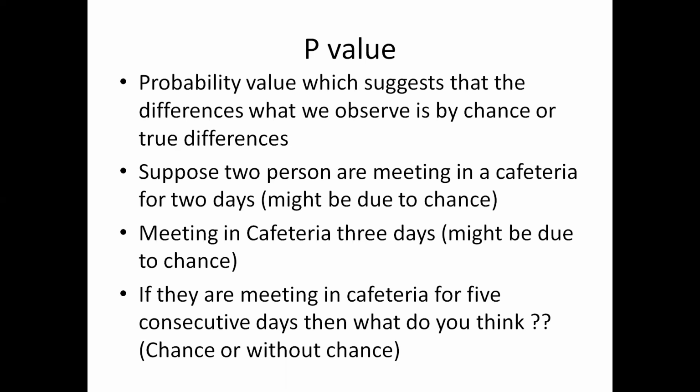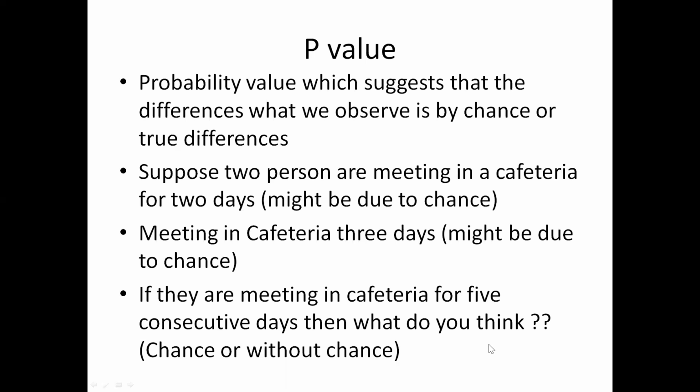Suppose in the evening they complete their work at the same time, they can meet. But what do you think if they are meeting in a cafeteria for 5 consecutive days consistently? Is it by chance or beyond chance? You can write in the chat box.